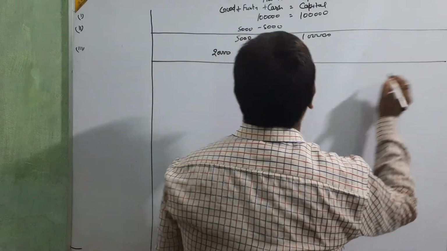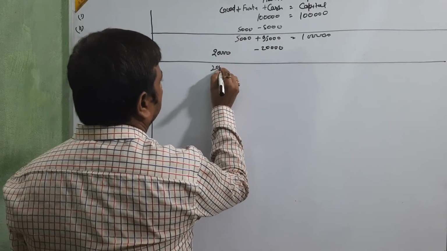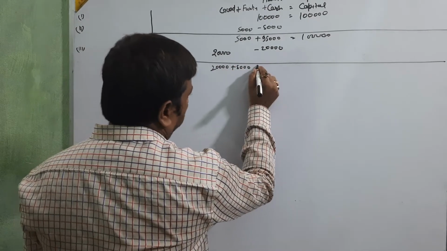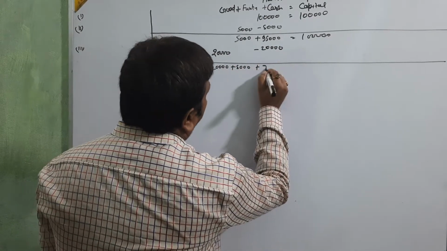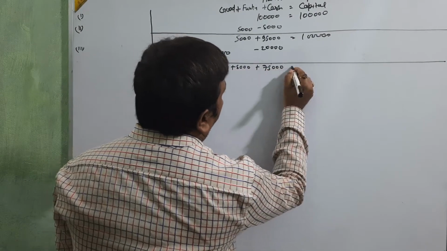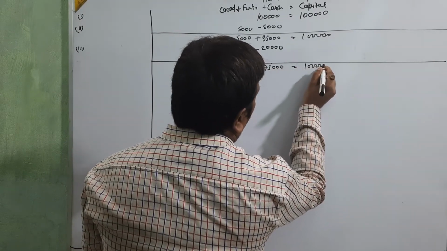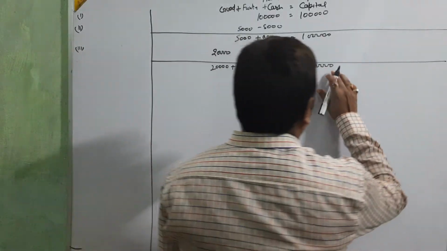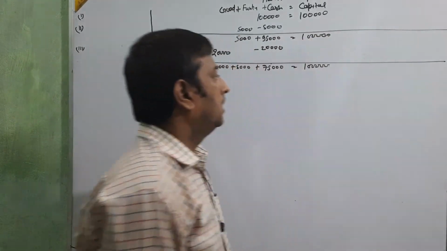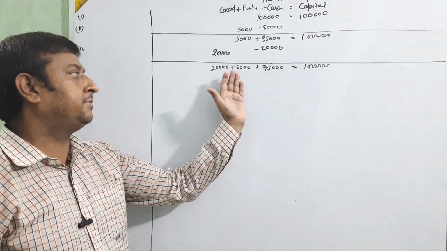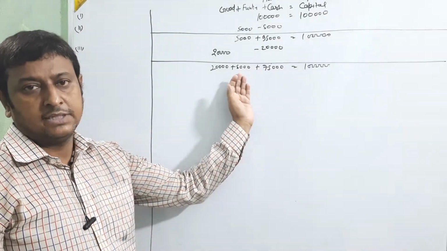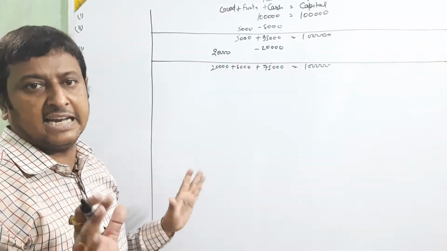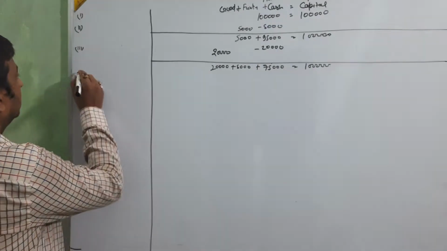Then finalize: goods 20,000, furniture 5,000 and cash 75,000, and this total is 1 lakh. Again see whether both sides are equal or not. Both sides are equal, 75, 80, 1 lakh, 1 lakh. Clear? Clear or not? Okay, next.